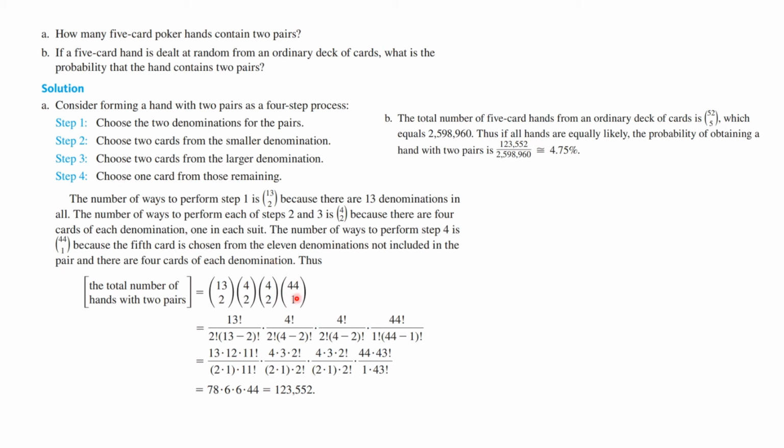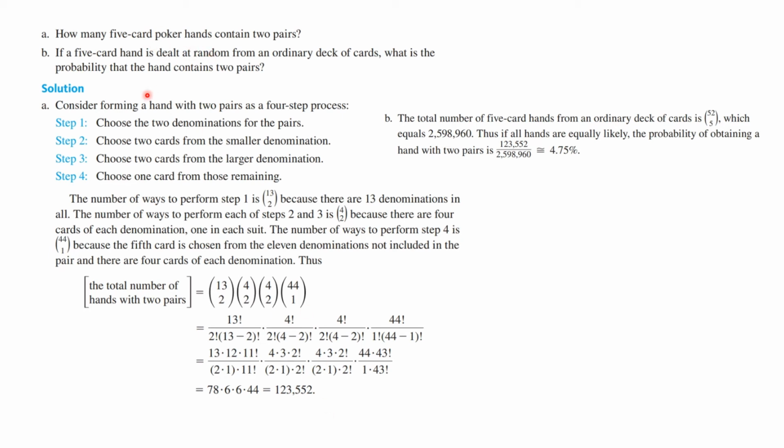Now you can't match this denomination, and you can't match this denomination, and also there are 2 suits, so there are a lot of cards eliminated. You have 44 remaining cards to choose from, and you choose 1. So we write all that out, we do quite a calculation, and we get 123,552 ways to do that.